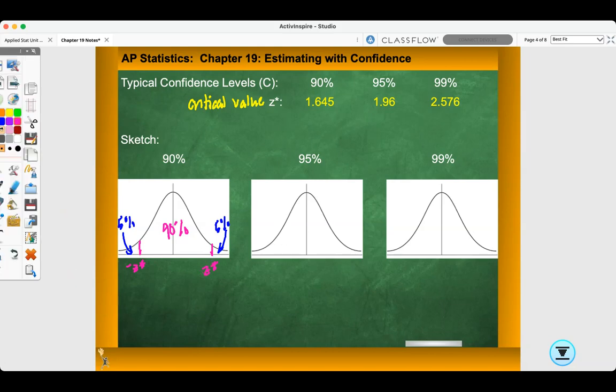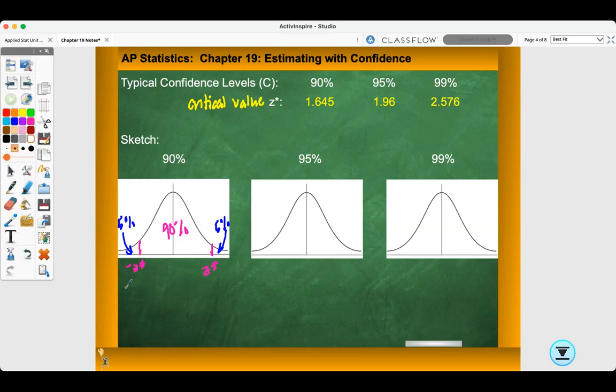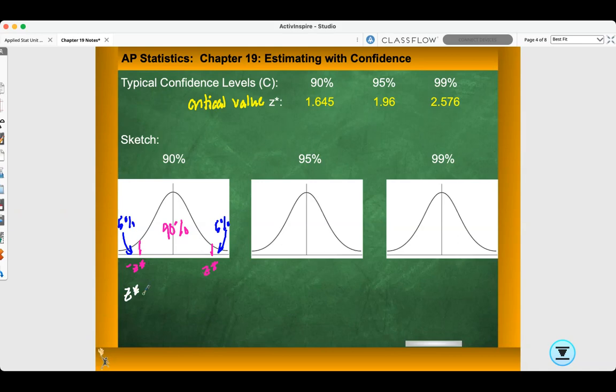And how we find Z star using our calculator: it would be invNorm, which is under distribution, which is second in the VARS key, of 0.95, because we're counting the area going from the left, so it's this entire area, 90 plus this 5% here, and that would give you your 1.645.